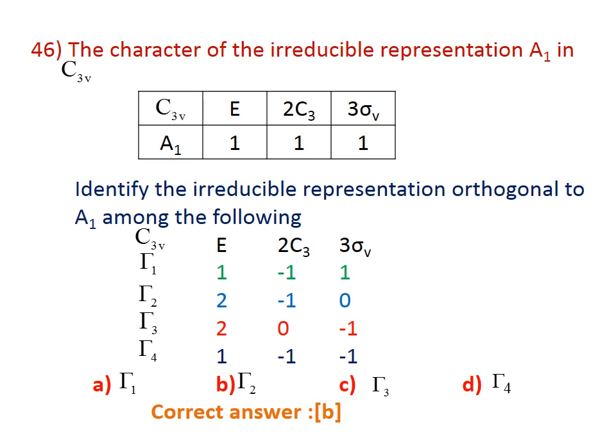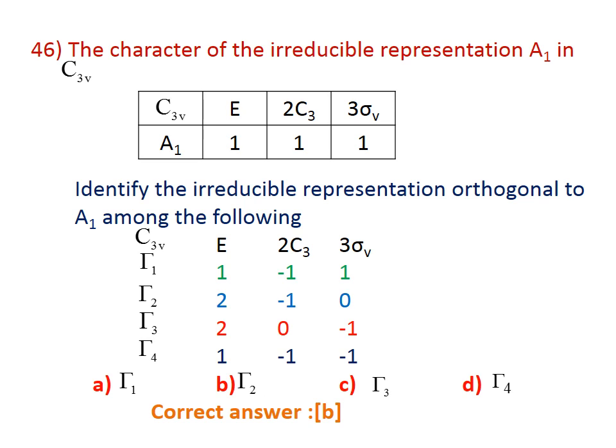You multiply 1 into 1 into 2 plus 2 into 1 into -1 plus 3 into 1 into 0. That will be equal to 0. Therefore, tau 2 is orthogonal to A1. The correct answer for this question is B, 2, -1, 0.